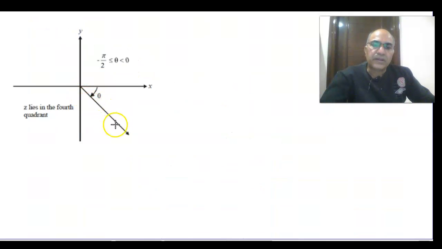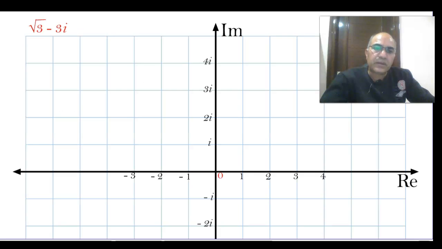Now if the complex number is in the 4th quadrant, then the vector representing this complex number is this vector, and the principal value of argument z is negative of this measurement. Let us take an example. Z is equal to root 3 minus 3 iota.